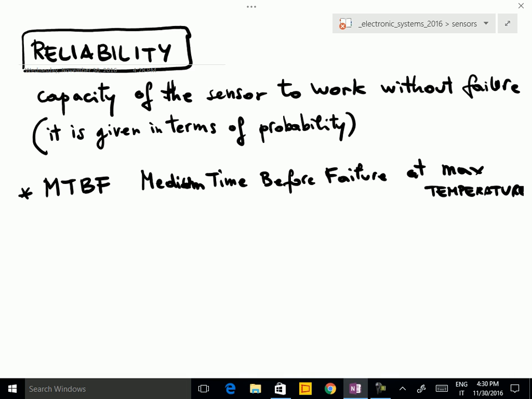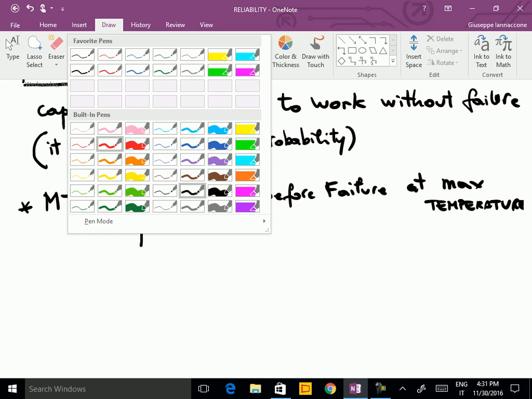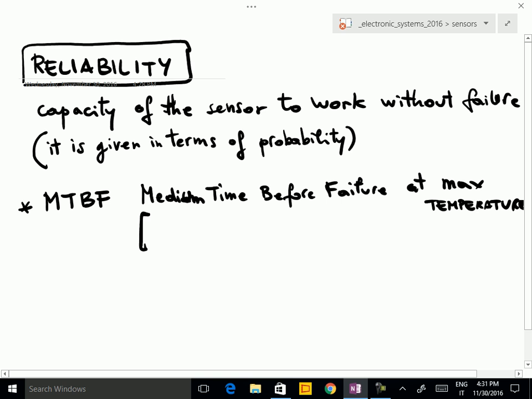You need to consider that in practical cases this is the result of tests done at a temperature which is higher than the maximum temperature of operation. They are called accelerated stress tests, in order to perform the test in a reasonable amount of time.